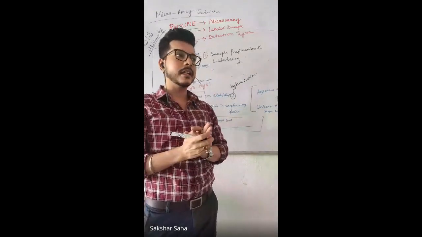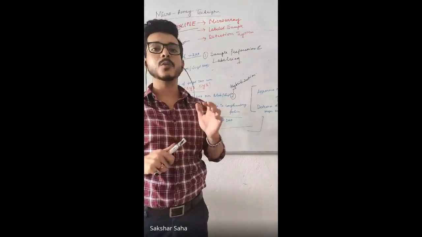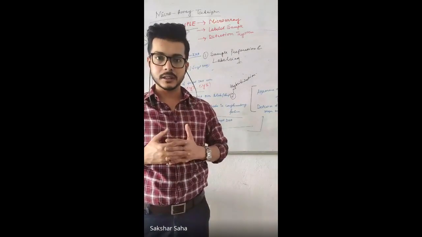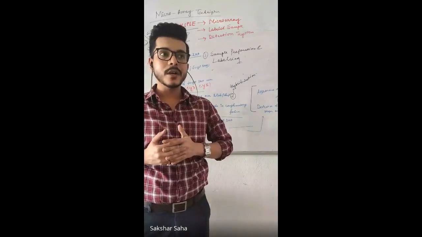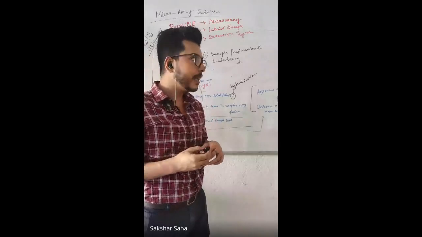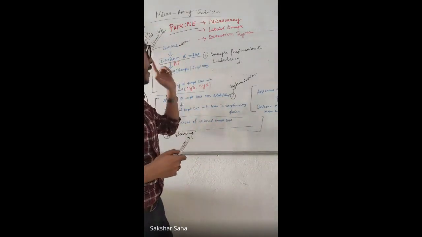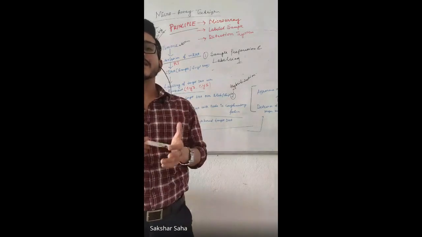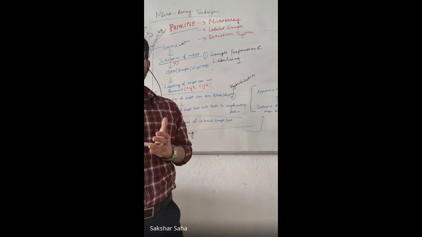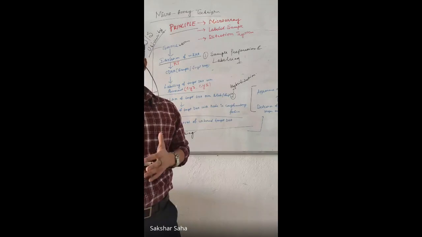Why messenger RNA? Because messenger RNA is a quantitative copy of the gene. This is a very small, open book type question: why is mRNA isolated from the source in case of microarray technique? Because it is a quantitative copy of genes present in those cells.